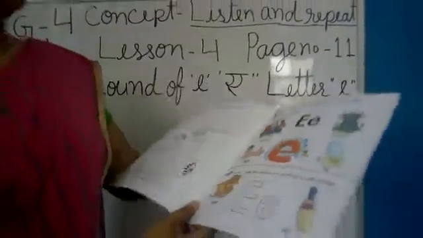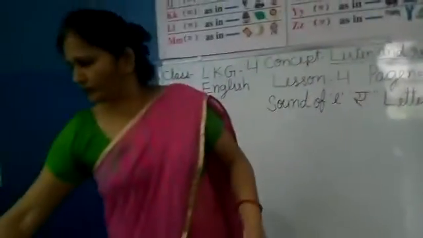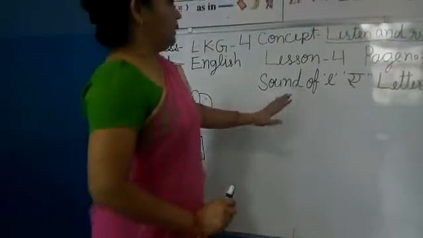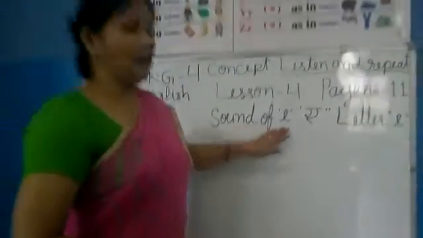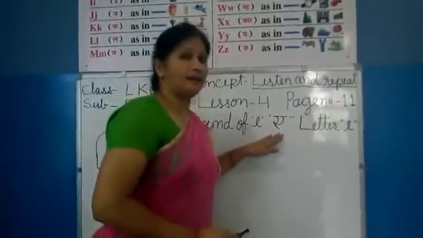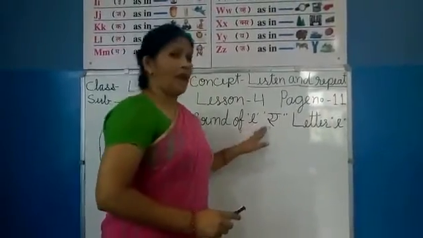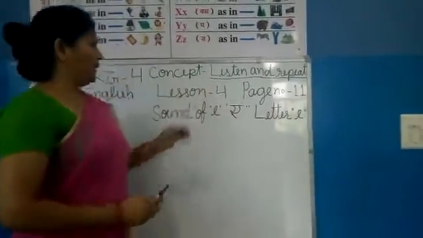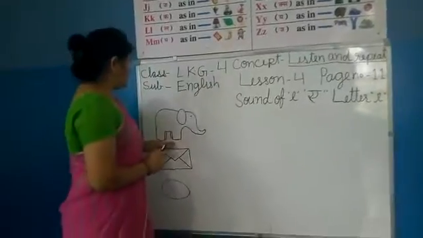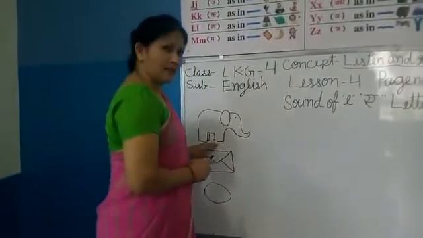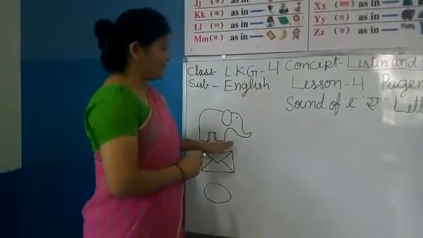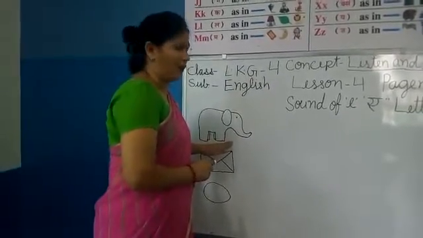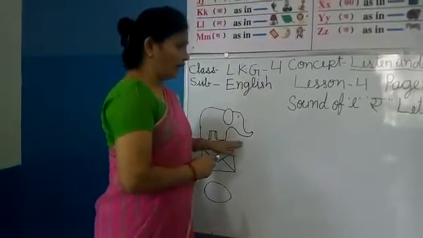Look at the board children. Sound of E, a. Who is this picture children? This is elephant.